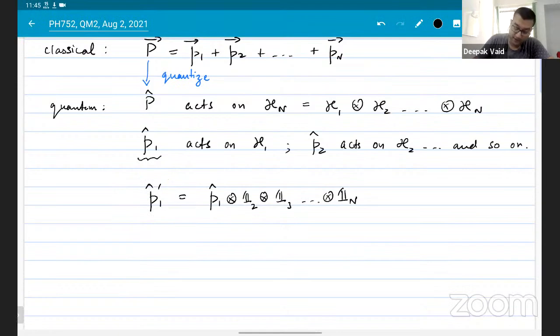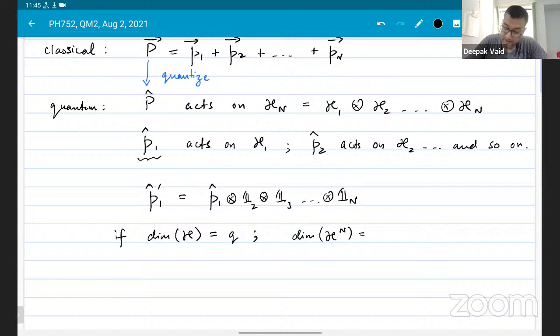Okay, so for instance, again, working with finite dimensional Hilbert space, if I say that the dimensionality of my Hilbert spaces is something, let me call it q, then the dimensionality of Hn is q to the n. And what is the dimensionality of an operator which acts on a q-dimensional Hilbert space?